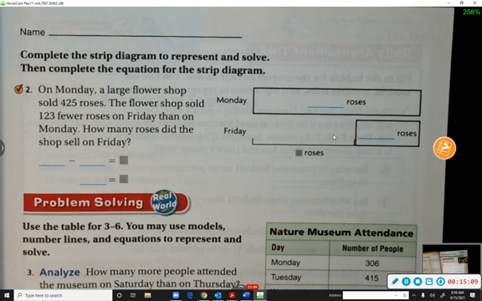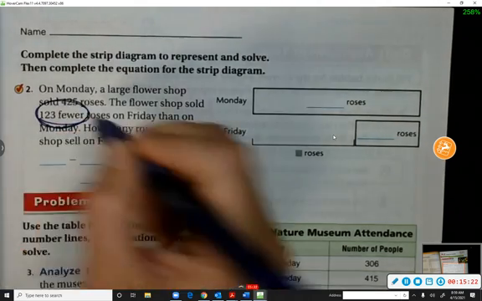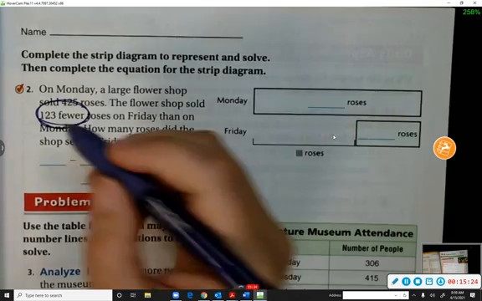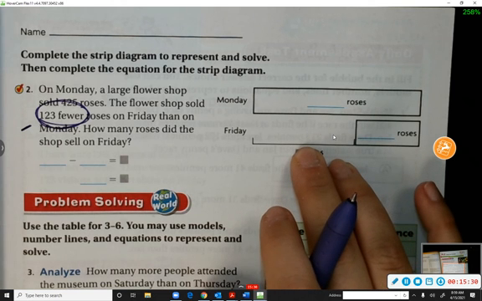Okay. Did we hear any key words in there? Yes. What was it, Evangeline? Fewer. Good. So that means what? 123 fewer means you need to do what? Subtract, okay? But just in case we didn't know that, we're still going to plug it into a strip diagram.